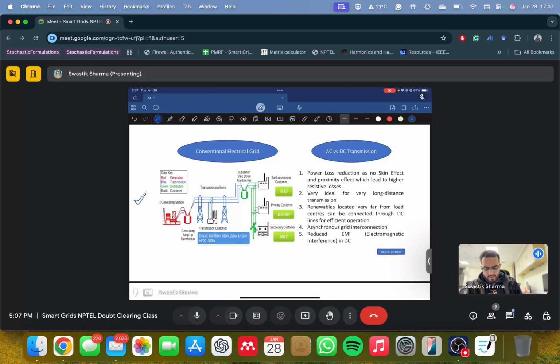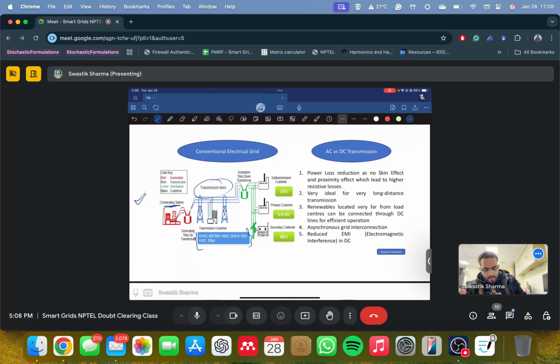So this is what the basic block diagram of a conventional electrical grid looks like. We have a generating station where, let's say, different generators are connected, and these are then connected to transmission lines which operate at high voltage levels: 765 kV, 400 kV, 220 kV, and 132 kV. These are the standards, and we have HVDC lines as well of 500 kV.